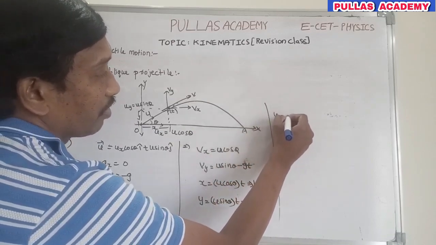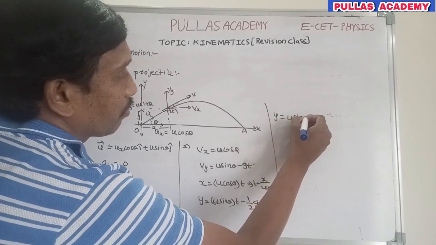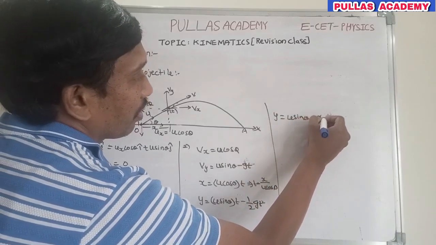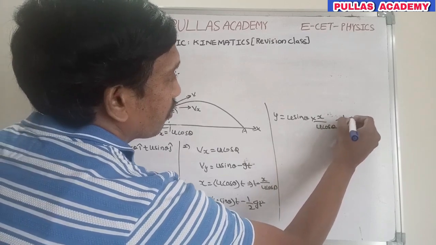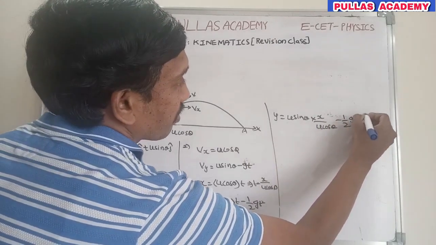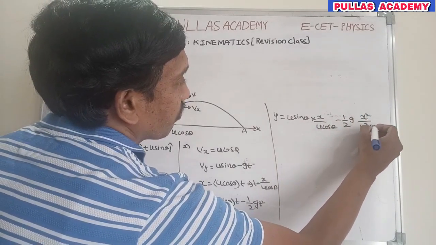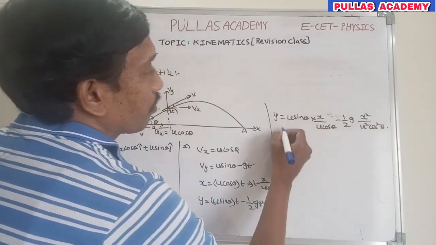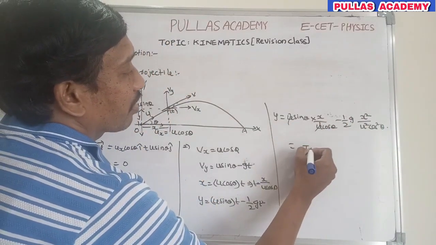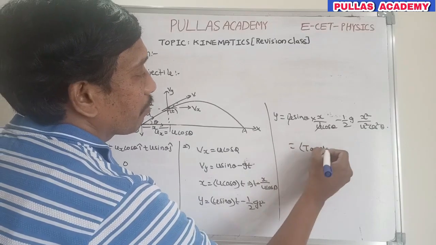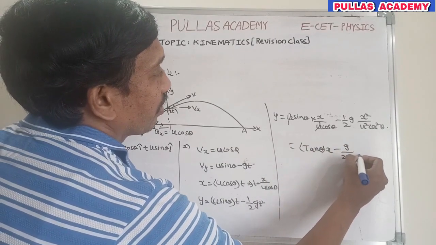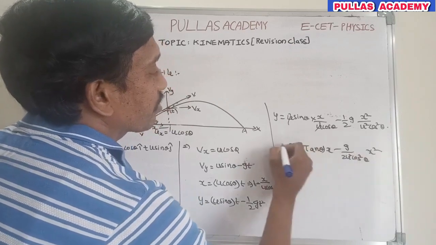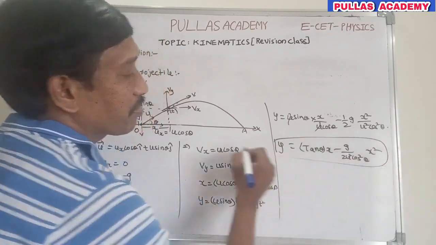After simplifying, u sin theta into t, where t is x by u cos theta, minus half g into t square, which is x square by u square cos square theta. Now u cancels, sin theta by cos theta is tan theta, so y is equal to tan theta into x minus g by 2u square cos square theta into x square. This is called the displacement of this projectile.